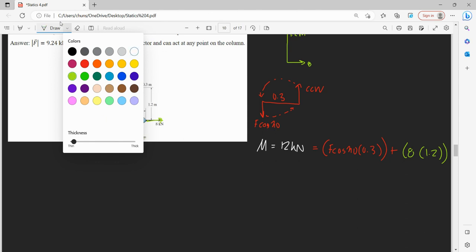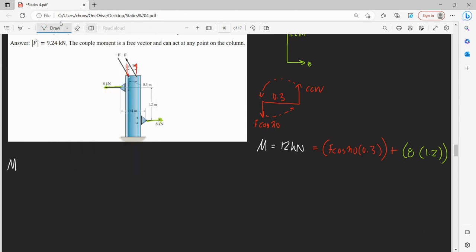As we simplify this, 12 equals 8 times 1.2, that's 9.6, plus our F cos 30 times 0.3.